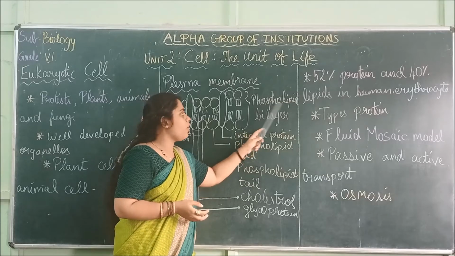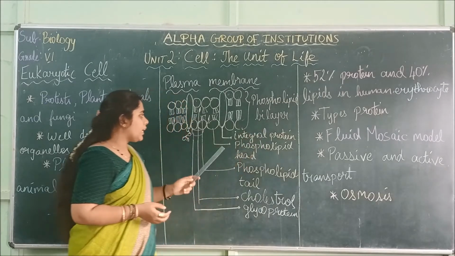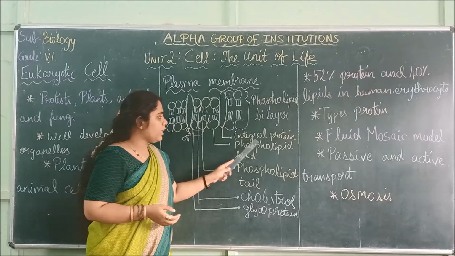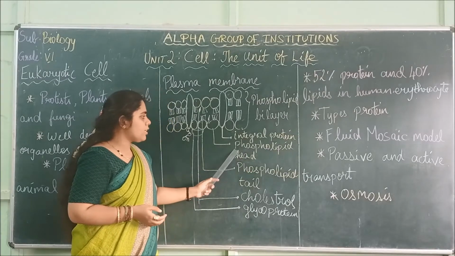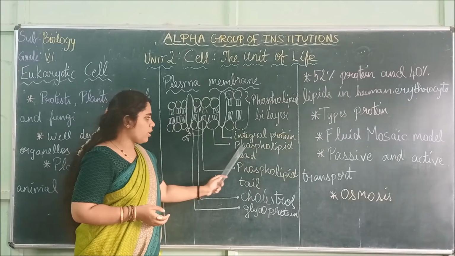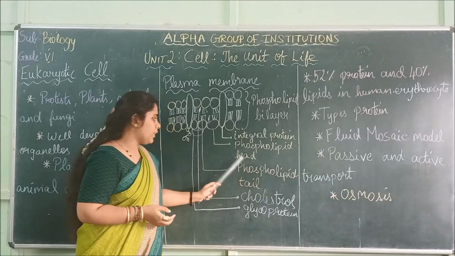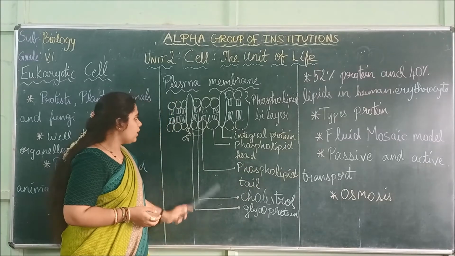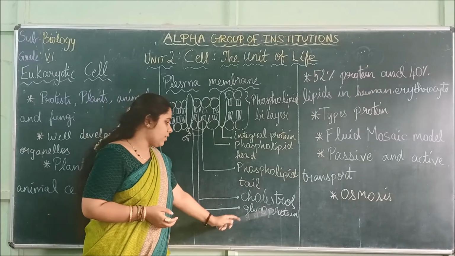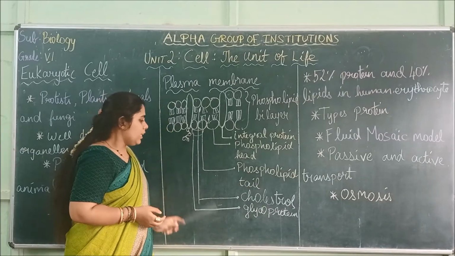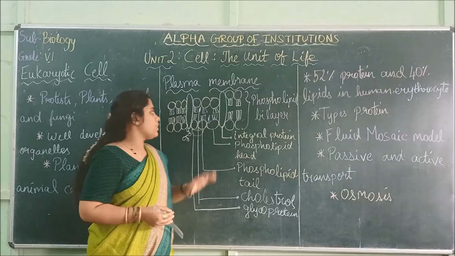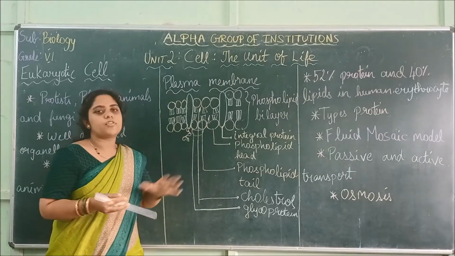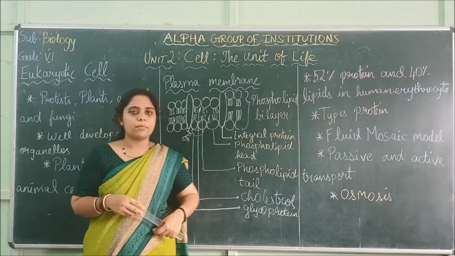Below, you can find integral proteins, and these round structures are the phospholipid head, and this is the phospholipid tail. Cholesterol is present here and there, and finally glycoproteins are present. This is the chemical structure of the plasma membrane.